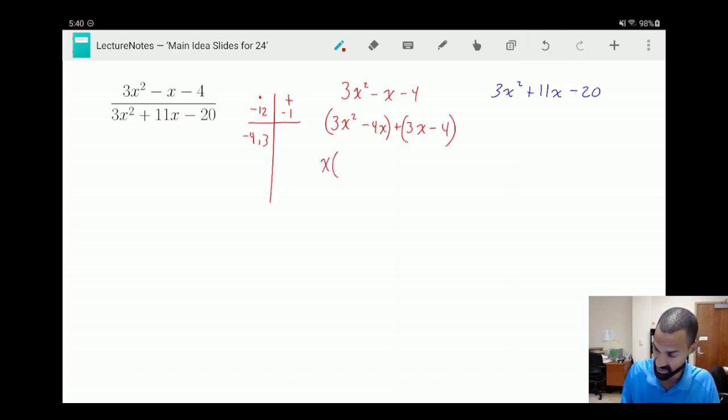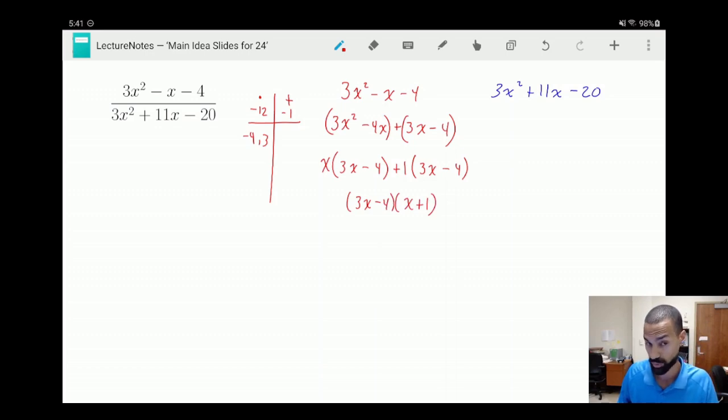If I divide out that x, I'm left with 3x minus 4. 3x and negative 4, the only common factor they have is a 1, so I'm going to factor out a positive 1 here. If I divide 3x minus 4 by 1, I'm left with 3x minus 4 still. So this first part factors as 3x minus 4 times x plus 1. That's going to be the top of my fraction.